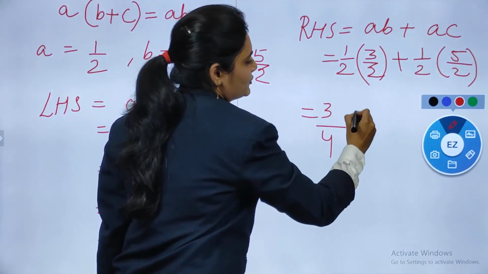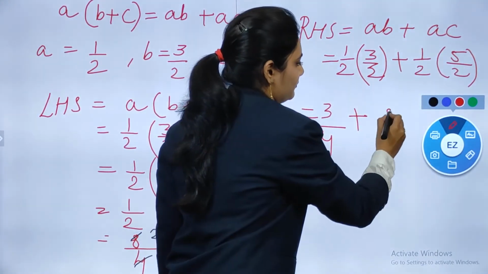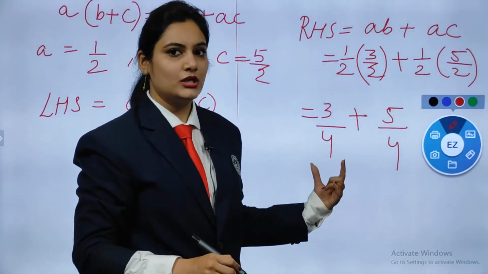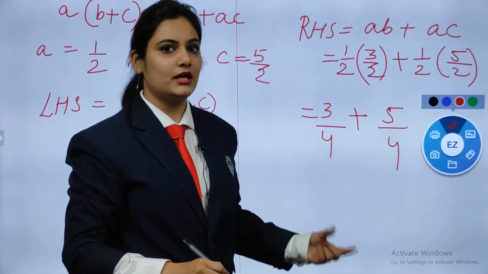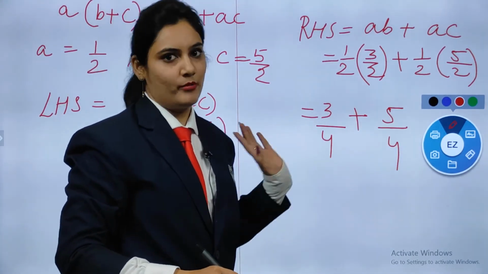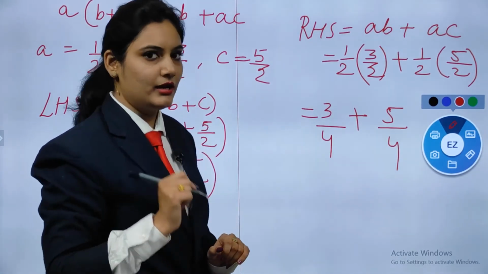Then you will keep the addition sign. Then 1 into 5 is 5, 2 into 2 is 4. Now children, see, these two are rational numbers with an addition sign between them. So check whether the denominator is the same or not. Here the denominator is the same. If it is not the same, you will do the LCM.